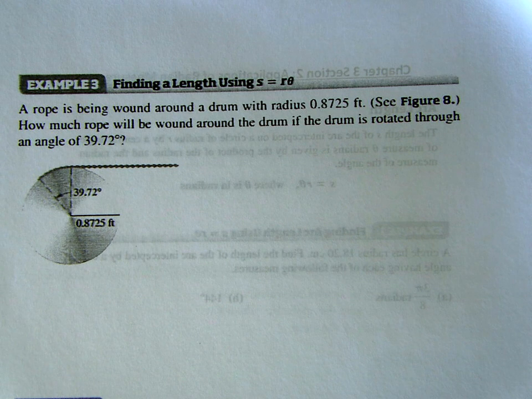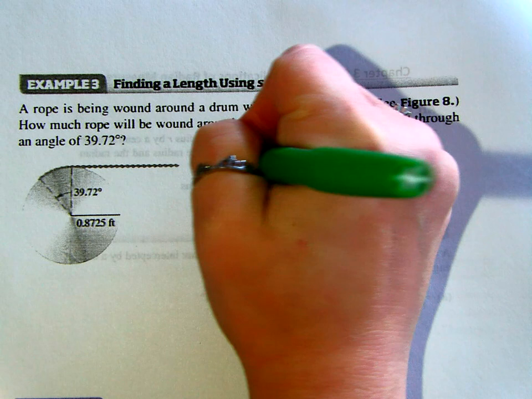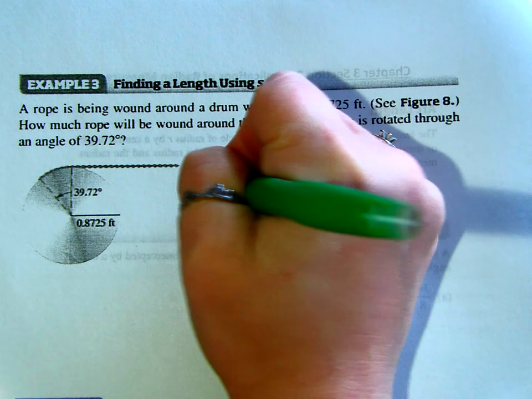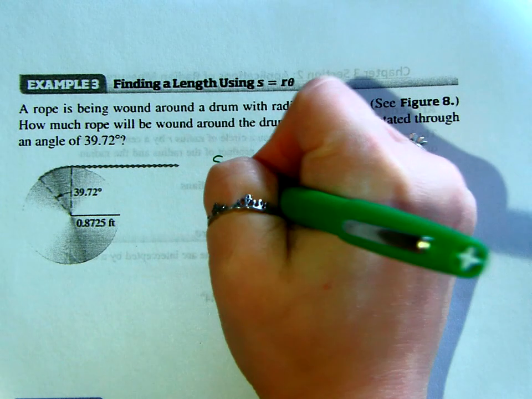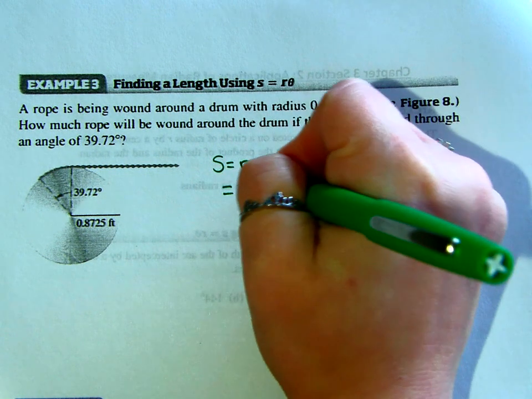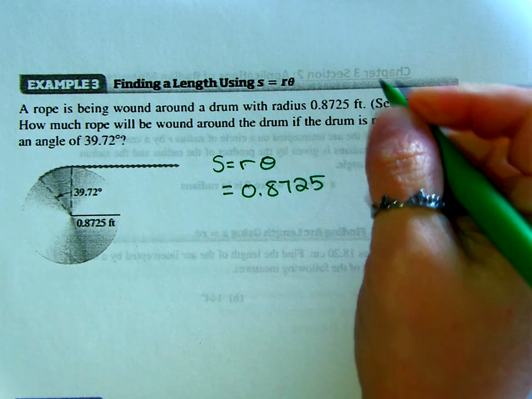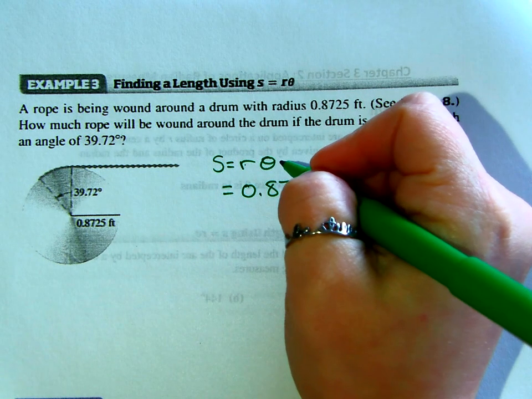And since the degrees are already given as decimals, what I recommend doing is leaving it all as one big, long expression. So the radius in this case is the 0.8725. And then the theta needs to be in radians, but right now it's not.